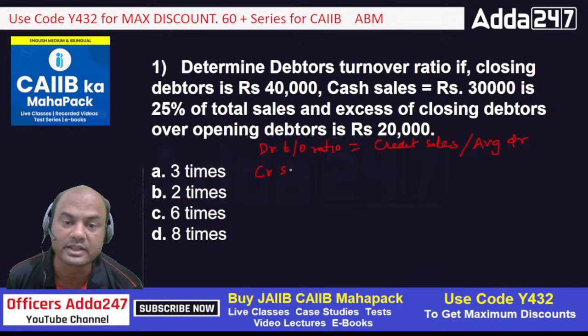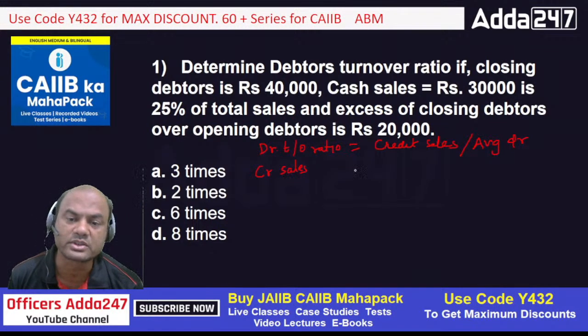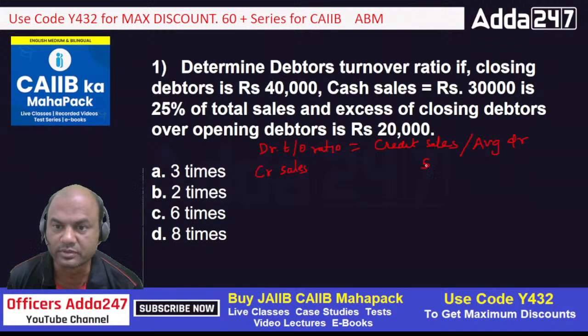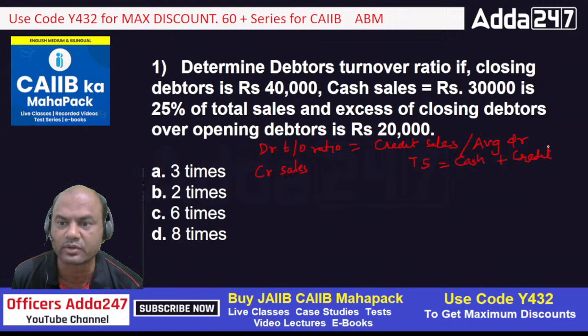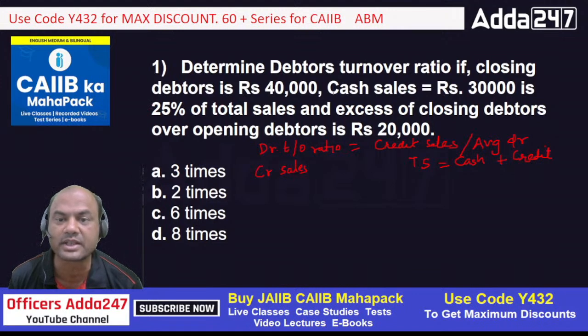Total sales equals cash sales plus credit sales. Whenever you do any business, you do either cash or credit, right? Cash sales is 25% of the total business.